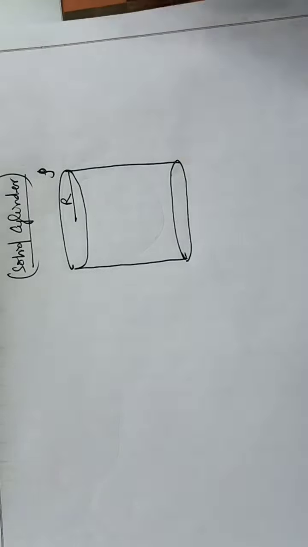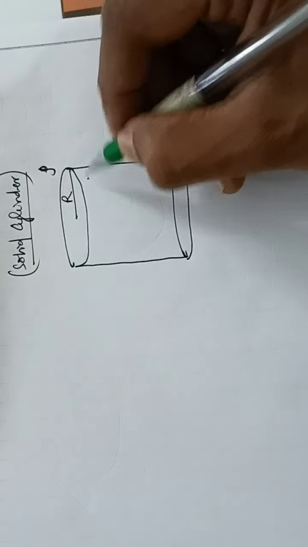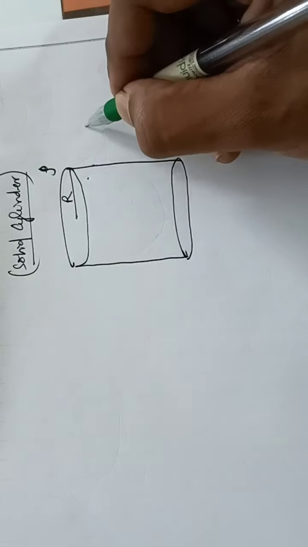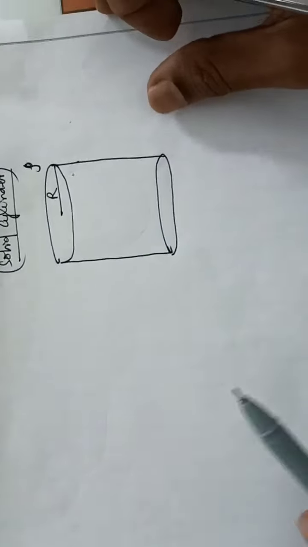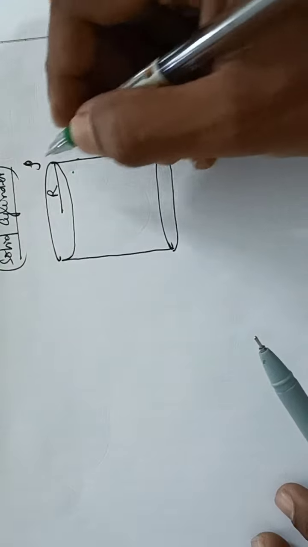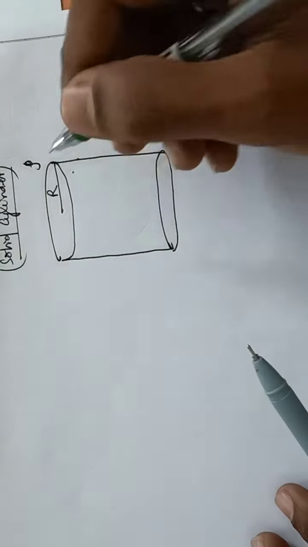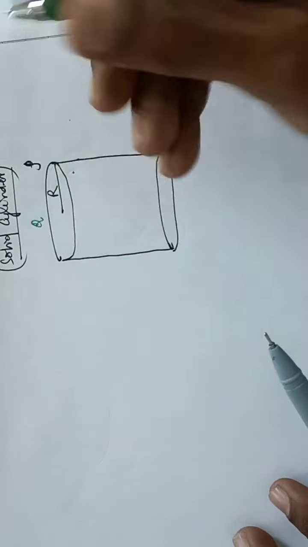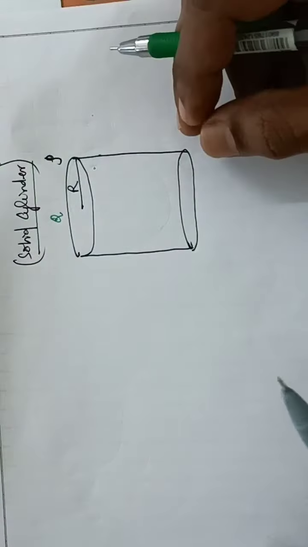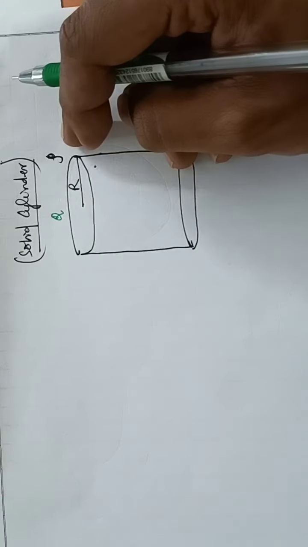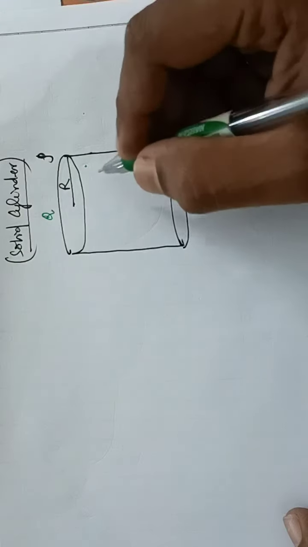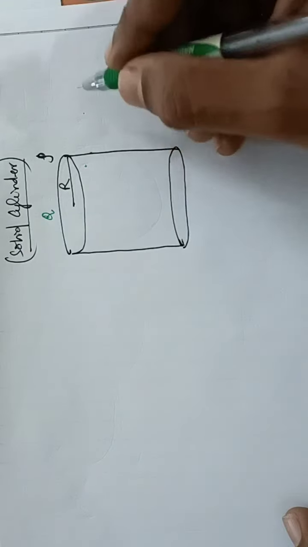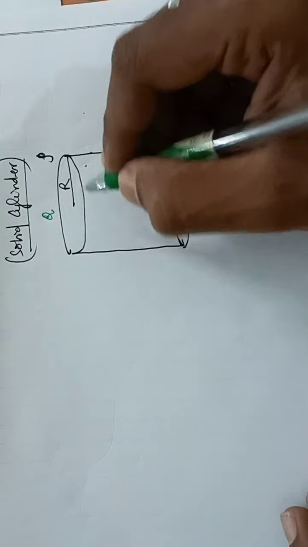There are three regions: inside, on the surface, and outside. Let's draw them one by one.